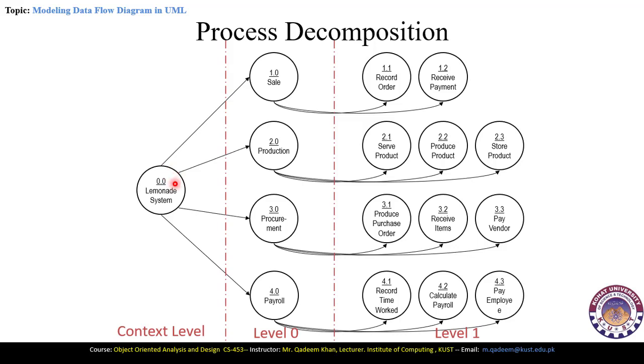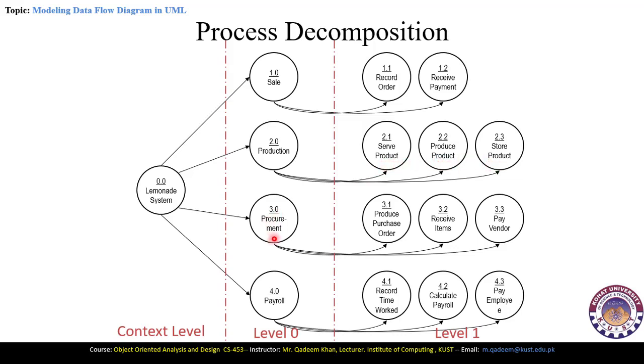In this system, first we have the sale process. The sale process is split into two more processes: record order and receive payments. We have the production process, which is split into three sub-processes: serve products, produce products, and store products.